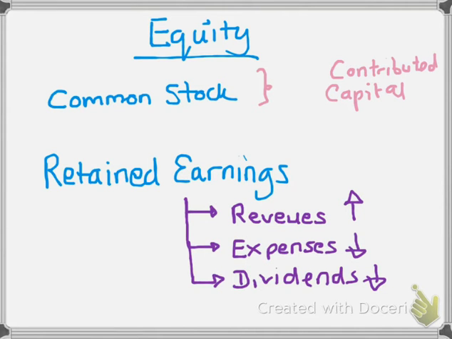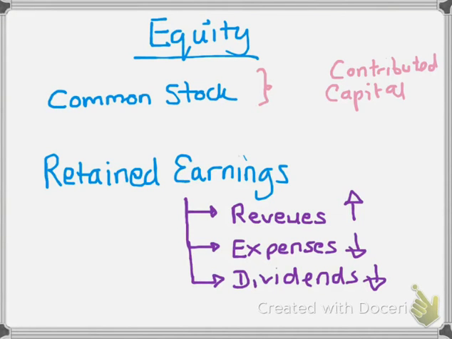Dividends are defined as distribution of assets back to the shareholders. Typically, most large companies pay back cash to their owners. So for common stockholders, they pay back cash, and we call those dividends.